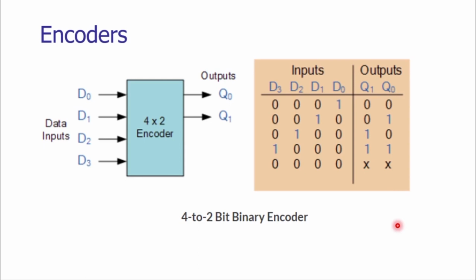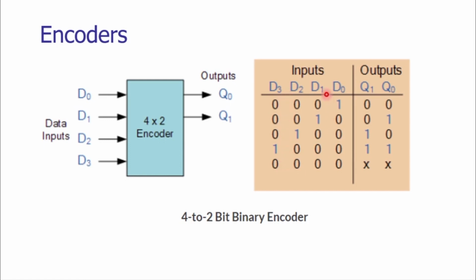But let us consider the case when two data lines are giving positive input. Suppose D1 and D2 both are giving us the positive input, then what will happen? Then the outputs Q1 and Q0 will also give the result as 1, 1, which is clashing, which is the same as the D3 input line.